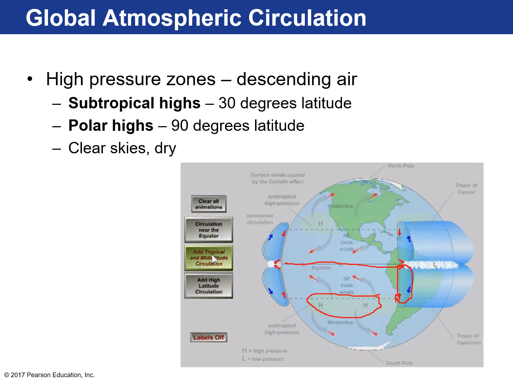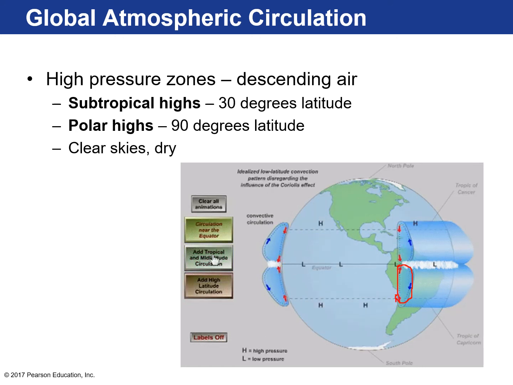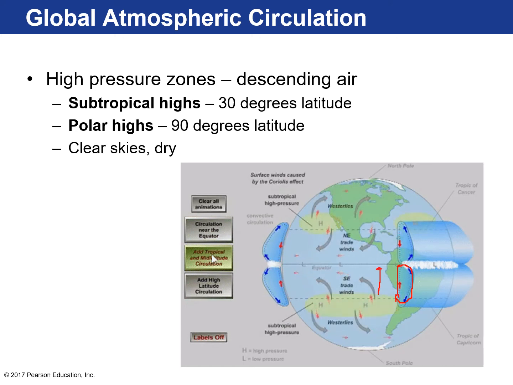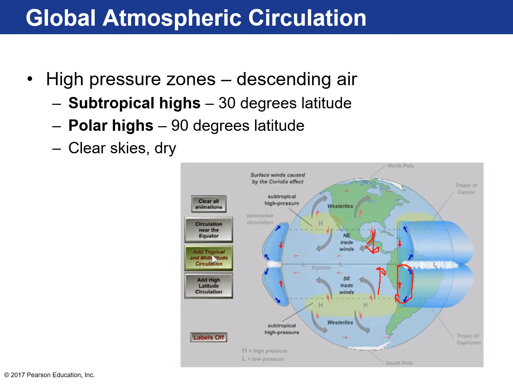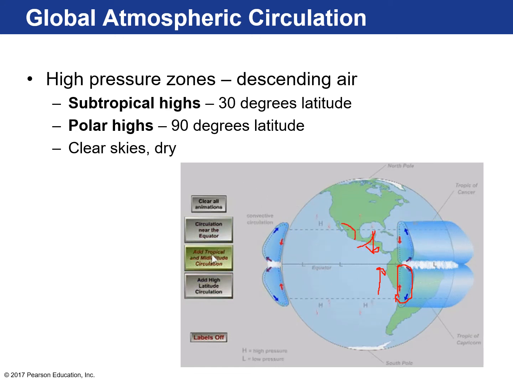But if you notice, the air that moves southward from these descending high pressure system areas here is going to be deflected to the right in the northern hemisphere, and that's what creates the northeastern trade winds right there.